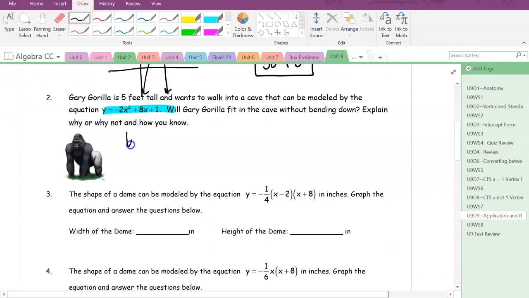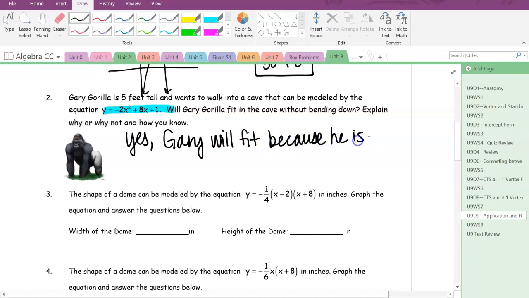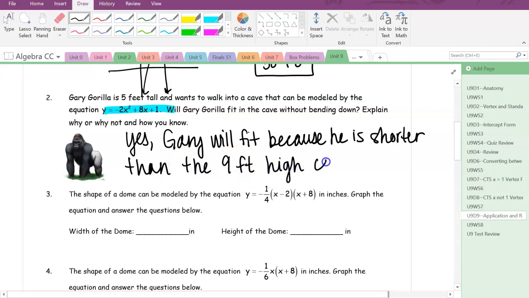So yes, Gary will fit because he is shorter than the 9-foot high cave. All right, make sure you actually give that height of the cave so that we know what it is.